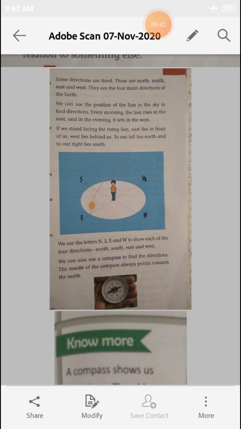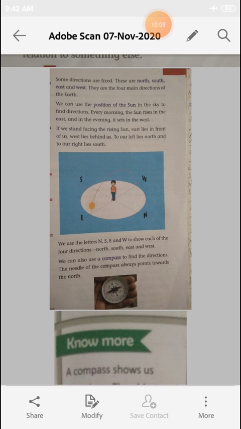Directions are useful for driving. Time changes with the changing location of the sun. North is at the top, south is at the bottom. These days, many people use GPS. GPS means Global Positioning System, for getting directions to a place.